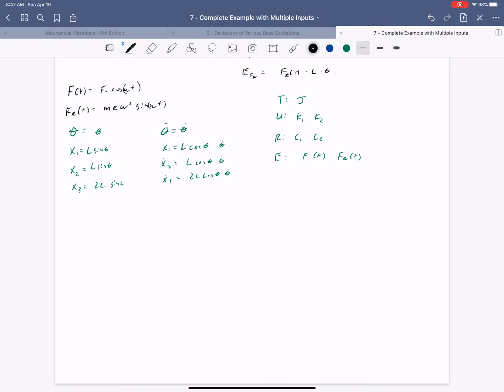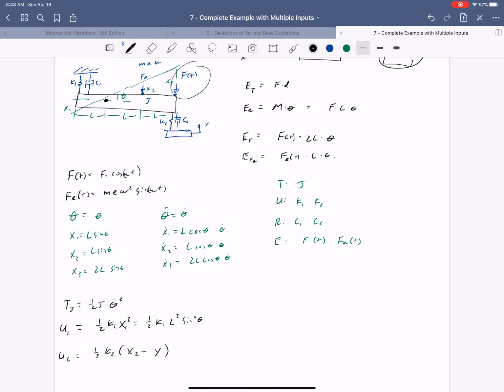So Tj is equal to 1/2 J theta dot squared. That's easy enough. U1 is equal to 1/2 k1 x1 squared, which is equal to 1/2 k1 L squared sine squared theta. And then U2 is equal to 1/2 k2 times x3 minus y.